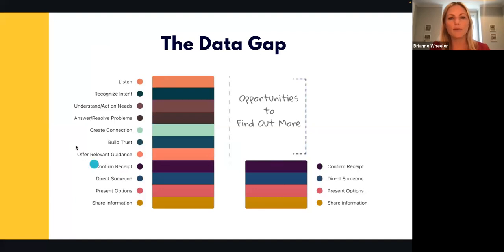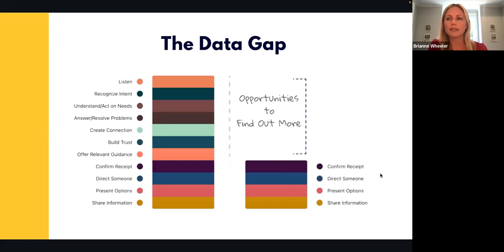This whole list of activities is just opportunities to find out more. And so that's what we're trying to do to close the data gap, to get better engagement, and to improve member profiles to be more robust in a way that's not just accurate, but you can actually do something with it.